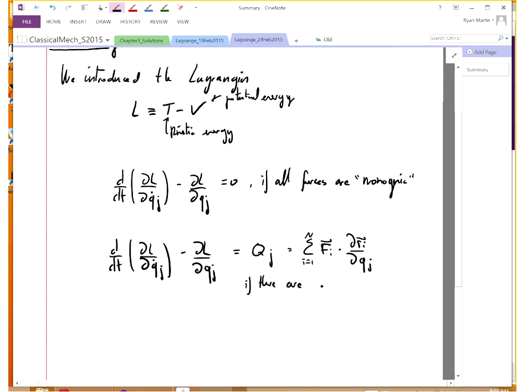So this second equation is true if there are non-conservative forces. Remember that most forces are in fact conservative or monogenic. Okay?